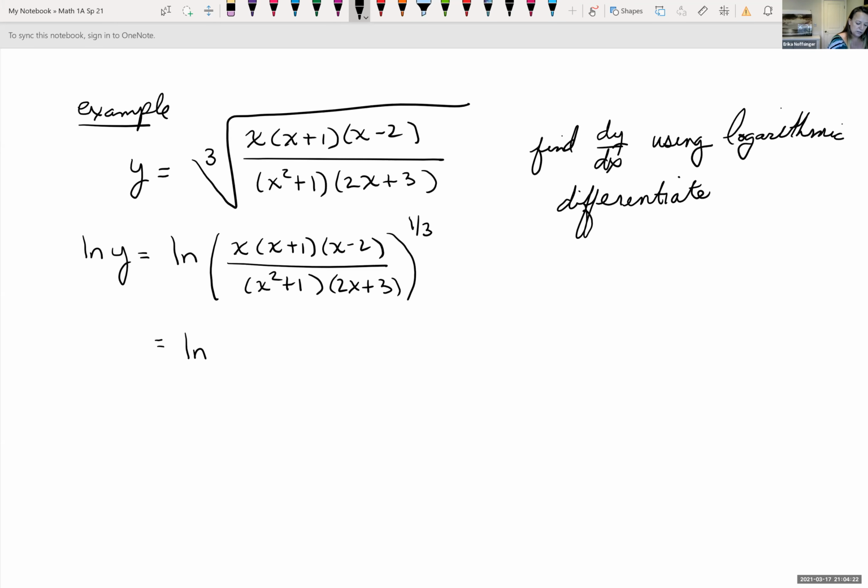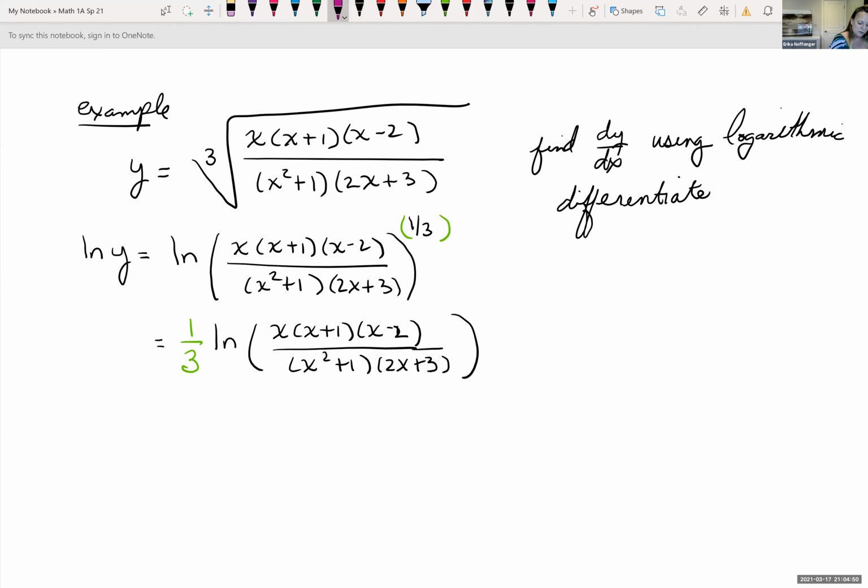So we can use rules of logs, and we can bring our exponent down front. So this is the same thing as 1/3 natural log of x times x plus 1, x minus 2, all over x squared plus 1, times 2x plus 3.